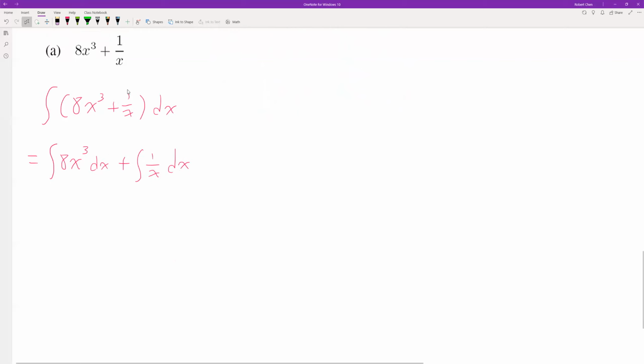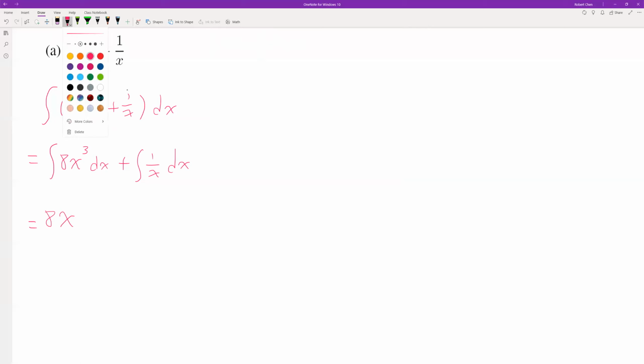Okay, so the first one, that 8x cubed is a power function, right? So what we need to do is we can just add the power by 1 and divide by the new power, okay? And plus c. I'm going to call that C1 because we have two integrals, and each indefinite integral will give us a constant, right?